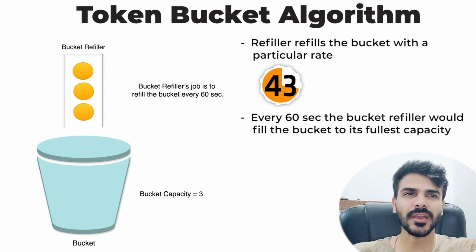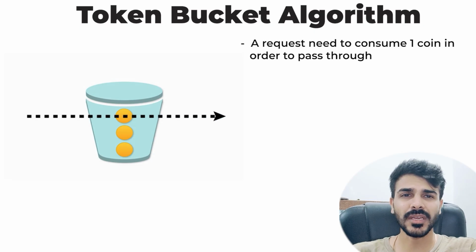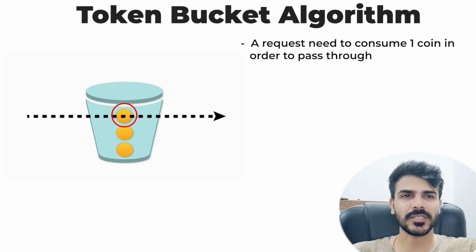We will be using this bucket, the coins, and the bucket refiller to draw an analogy between our actual algorithm and this conceptual model. First, any request that is allowed through our system needs to consume 1 coin in order to pass through.